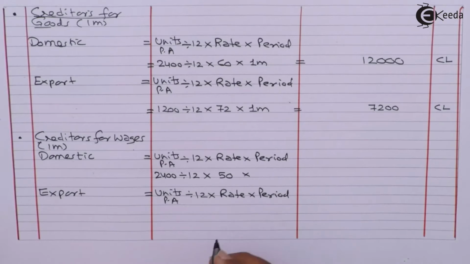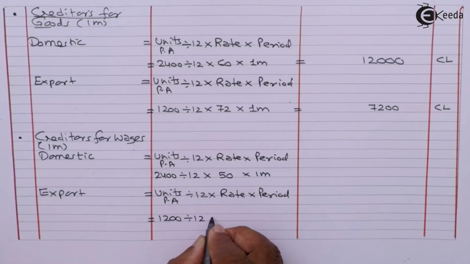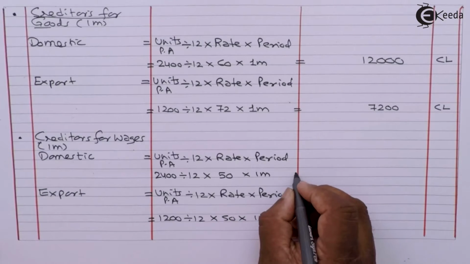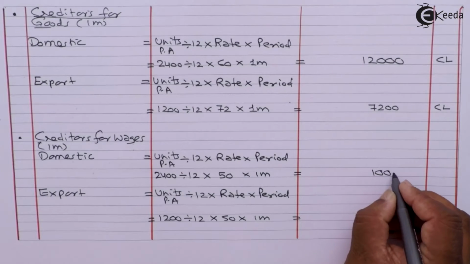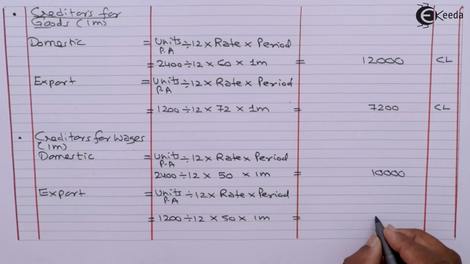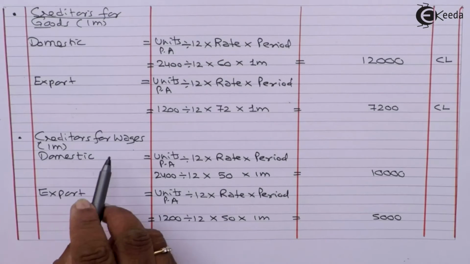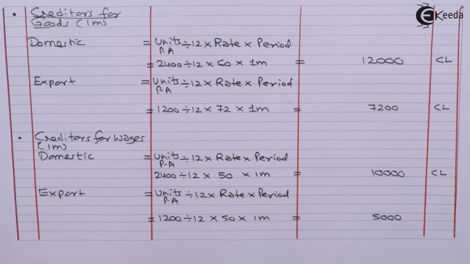Amount in arrears 1 month multiplied by 1 month. In case of domestic market, creditors for wages 10,000, it will be part of current liability. In case of export market, it will be 5,000, part of current liability.